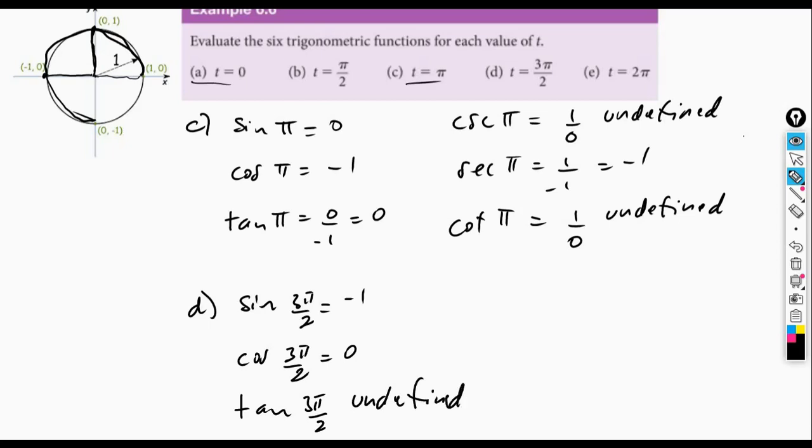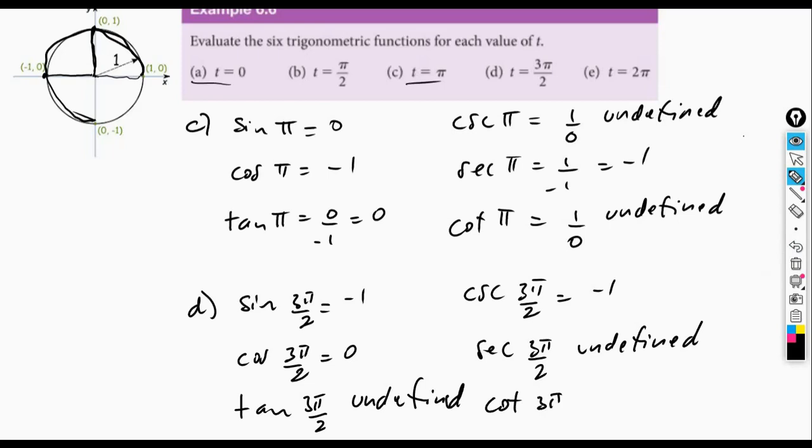Then the reciprocals: cosecant of 3 pi halves is -1. Secant of 3 pi halves is 1 over 0, so undefined. We should not use the equal sign there. And the cotangent of 3 pi halves is going to be 0.